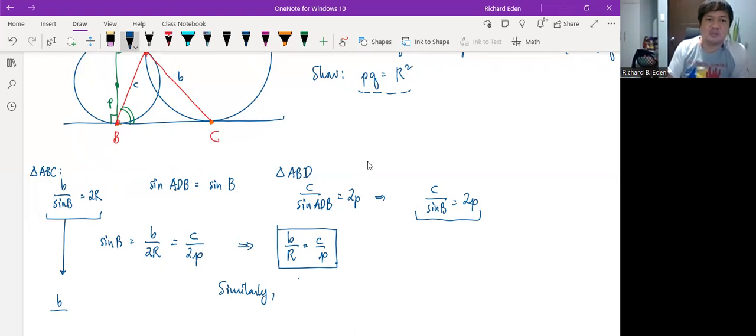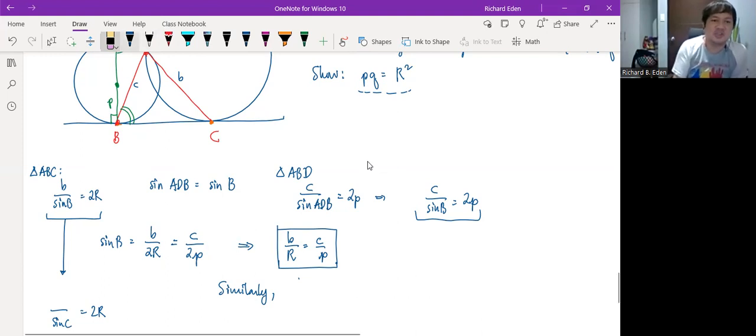Suppose we would do it this time for the other, B over sine C equals 2R? No, C over sine C is equal to 2R, while B over sine C is equal to 2Q. But if you are gonna combine them together, what do you think are we gonna end up with?